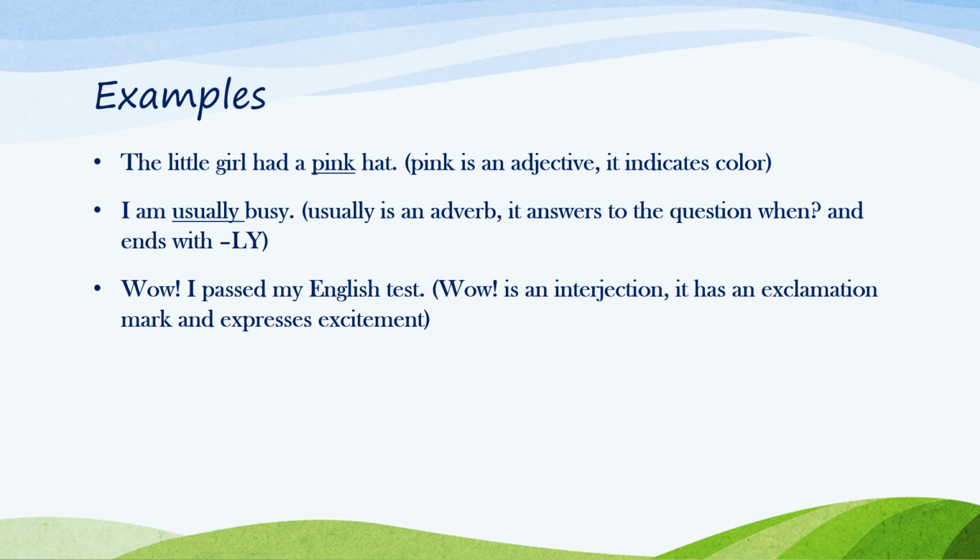Sentence number 2: I'm usually busy. The word usually is an adverb. Why? Because it answers the question when and also ends with the suffix ly. Number 3: wow, I passed my English test. Wow is an interjection because it has an exclamation mark and expresses excitement.